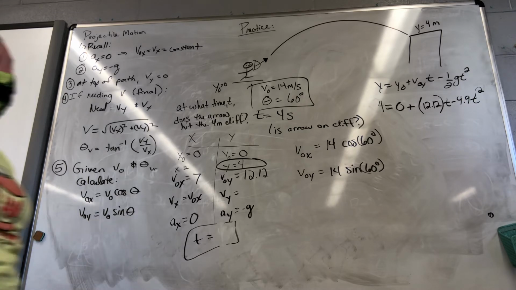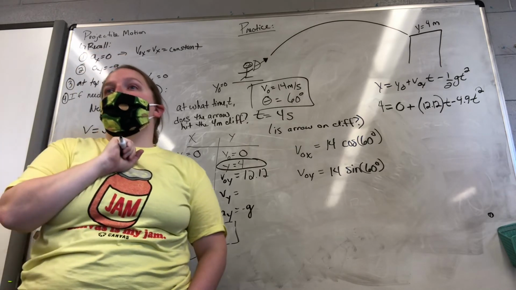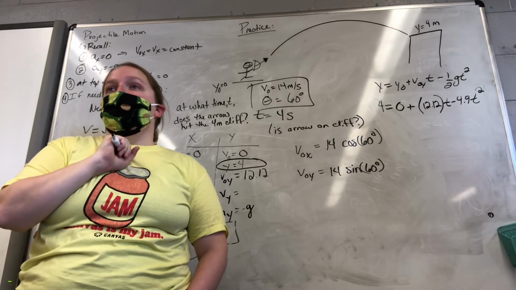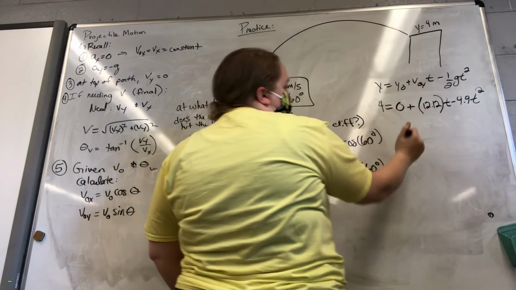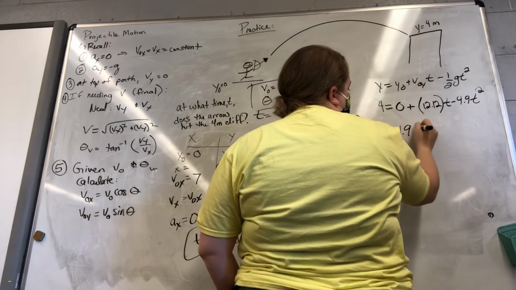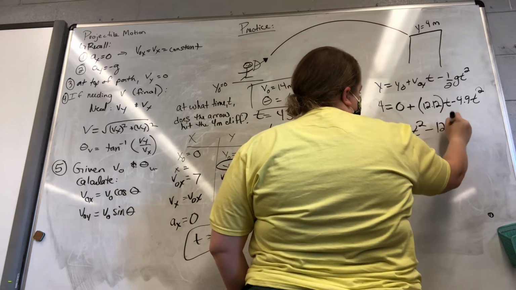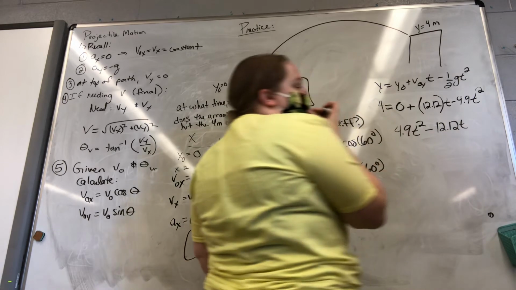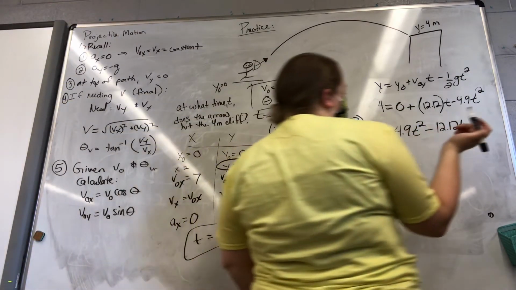Remember with the quadratic, I like to rearrange my equations to put the a positive. So I'm going to subtract everything from this side to get it over here with the 4. That helps when you're plugging numbers into the quadratic formula by hand.